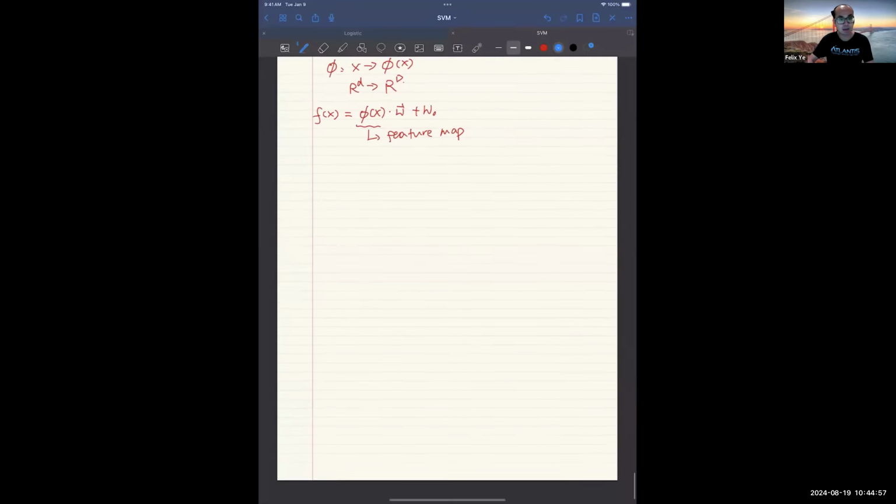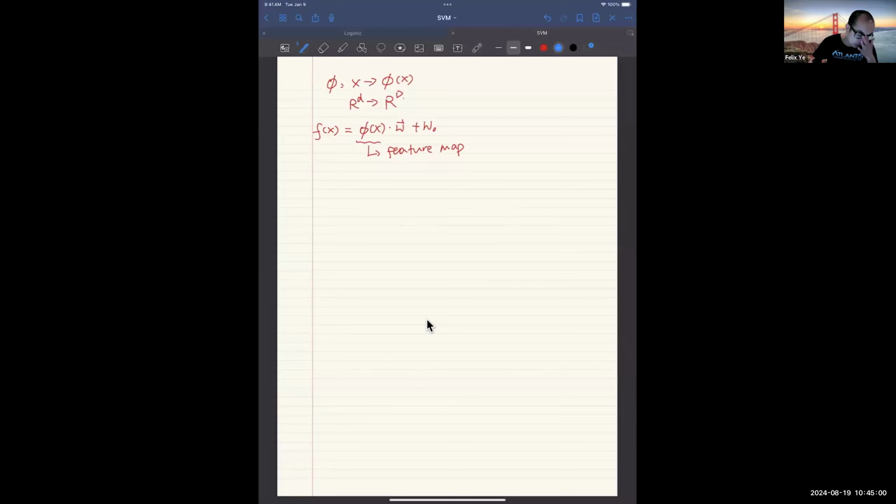Then I want to go back to the soft margin SVM, since this is the most reasonable one. So the objective is the minimum over w in R^D, w0 in R. Here we have a big D to indicate everything is in high dimension now.